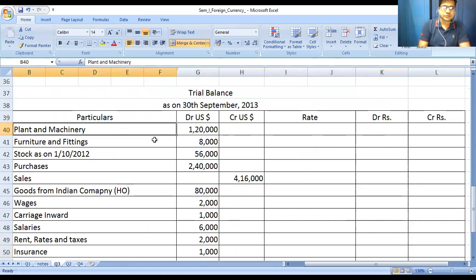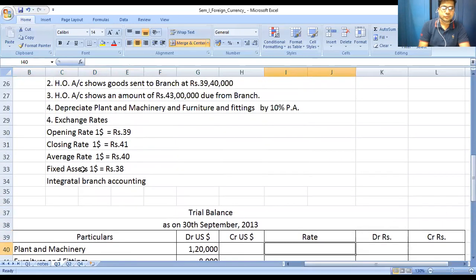Plant and machinery, debit US dollar is 1,20,000. Now, which rate do we have to apply? Fixed asset rate is rupees 38 per dollar, yes or no?